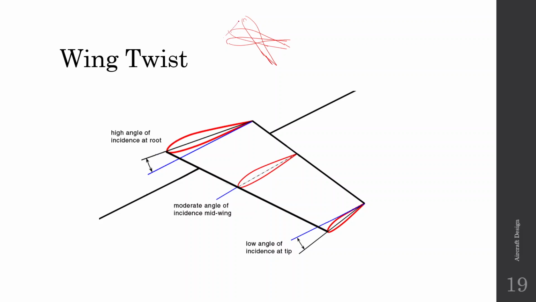This is very exaggerated, I'm exaggerating it for illustration purposes, but you can twist the aerofoils and create a wing like this. So you can see that there is a higher angle of incidence at the root and a low angle of incidence at the tip.